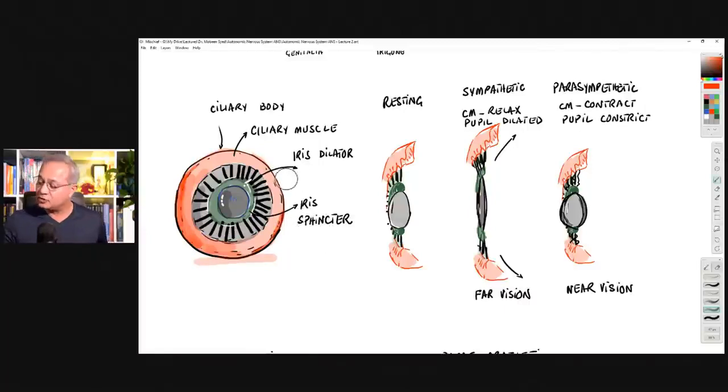Okay, so this is an eye. In the eye, in the anterior part of the eye where there is the pupil and the lens, imagine the eye being a ball, a sphere. On the edges of the sphere, almost one third of the way back, there is a structure called the ciliary body. Imagine inside a bulb, there is a rounded structure like a ring. On that ring is a muscle attached, which is also ring-like. That is called the ciliary muscle.